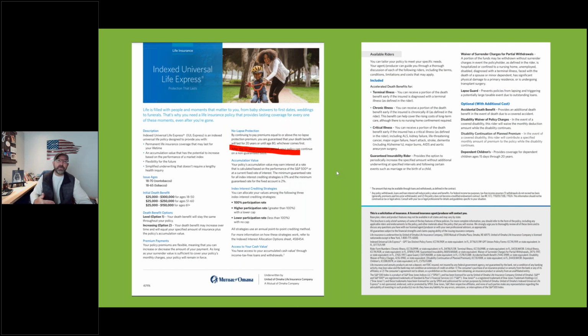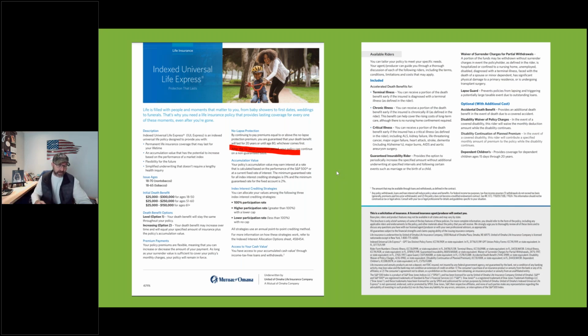The other thing too is that because the premiums are flexible with the IULE, we can design it so if the client only wants to make 15 or 20 years worth of premiums, we can design it so they only have to make a certain amount of premium payments, and virtually the policy will be paid up because the cash value accumulation will continue to make those premium payments for a lifetime.